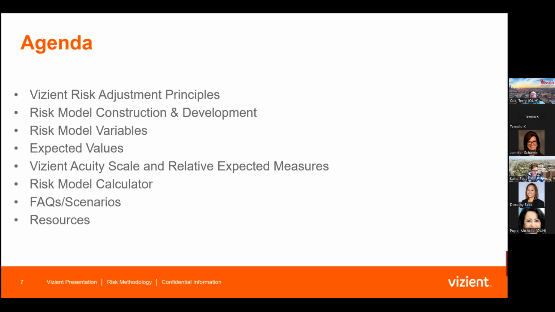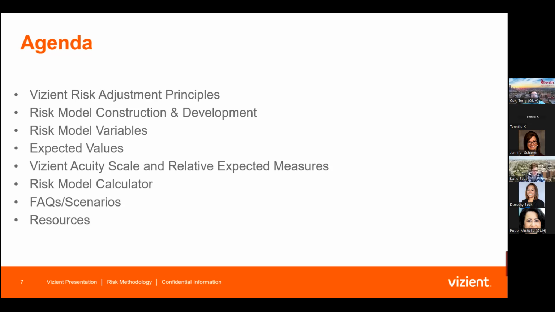We will begin with a brief overview to let you know why we risk adjust. Why do we do things a certain way? Why do we do our risk adjustment a certain way? Our risk adjustment principles and how we construct our risk model process, the model population, and then candidate variable selection, and then our statistical models to get our expected values.